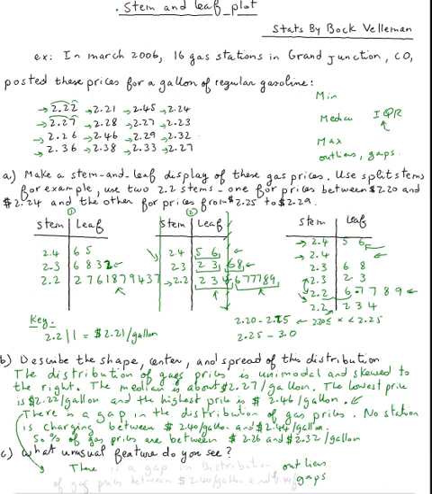There is a gap in the distribution of gas prices between, we said, $2.40 per gallon and $2.44 per gallon. And that's it for this example.